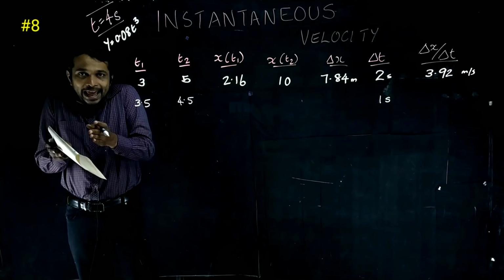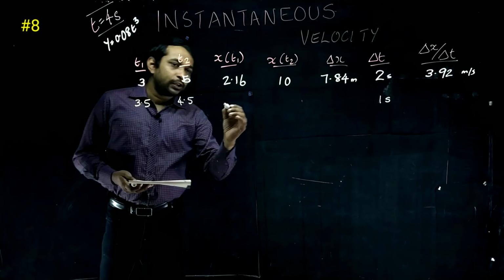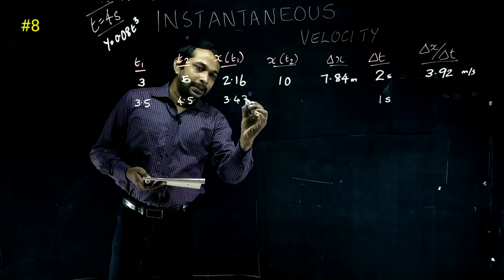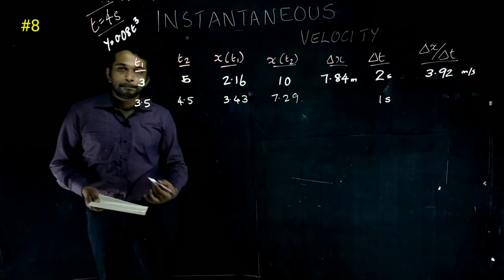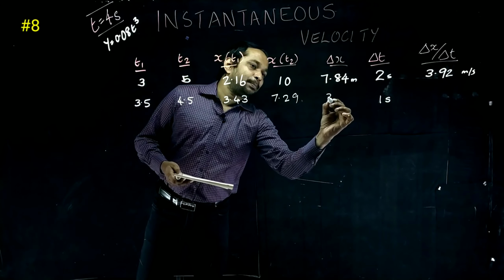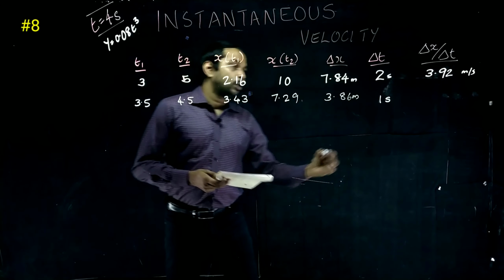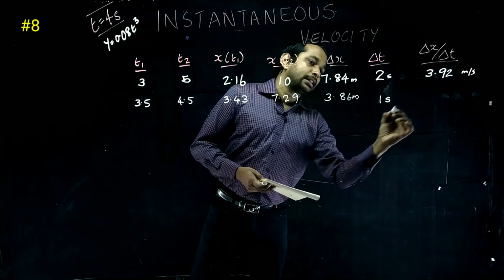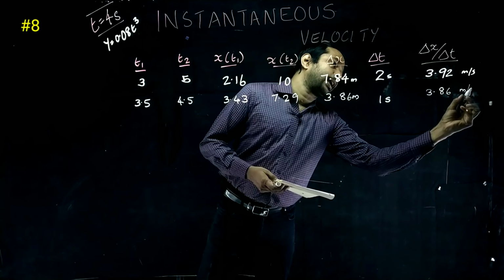We have narrowed down the time interval. This will give you 3.43 and 7.29. What is the distance traveled in this 1 second? It is 3.86 meters. And the velocity is 3.86 divided by 1, 3.86 meter per second.